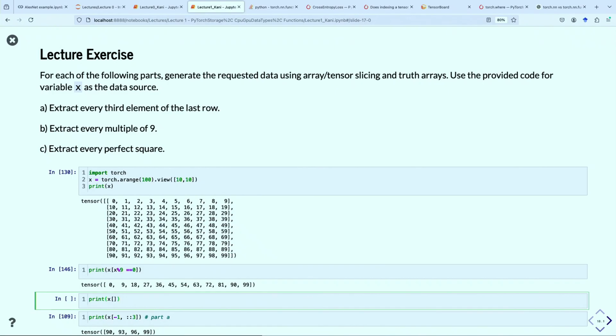I will give you a hint. There is a torch function, the square root of x. That might be useful. Yeah. Torch dot square root mod 1 is 0. Yes, exactly. Okay, good. Torch dot square root of x mod 1 is equal to 0. Oh, perfect.